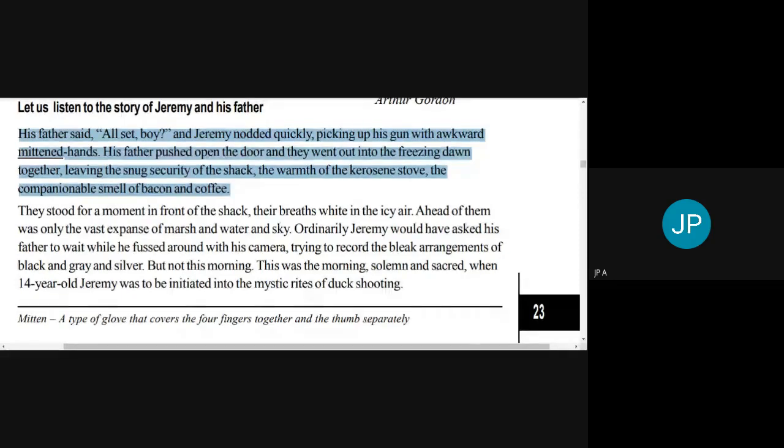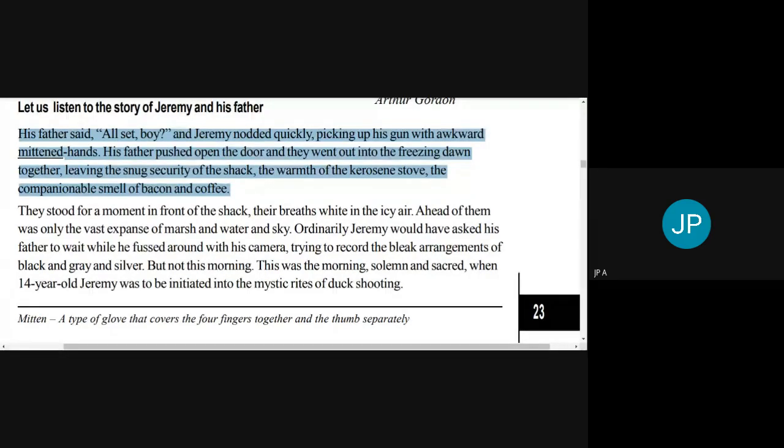Mittens are the kinds of cloth gloves which you wear in your hands. It is very cold there. The snowfall is there because it's a European country.